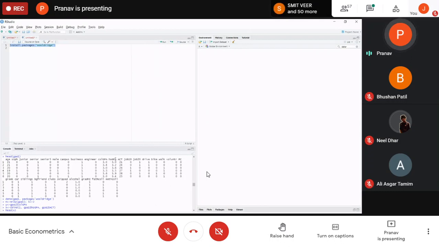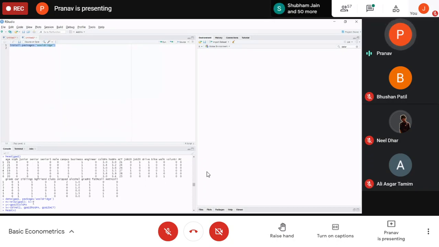Only these: high school GPA and achievement test score. So I have assigned a value of k. In this case, k represents your independent or explanatory variables, so k takes the value 2. So this defines the dimension of my data matrix: 141 observations and two explanatory variables, excluding the intercept.